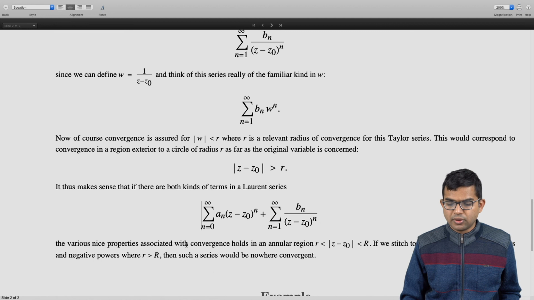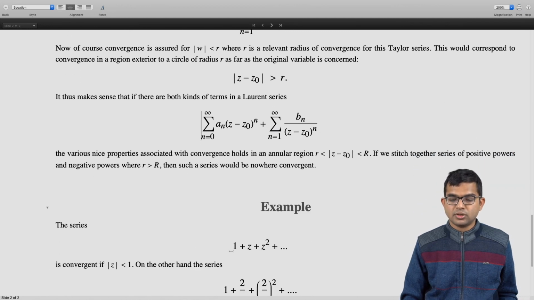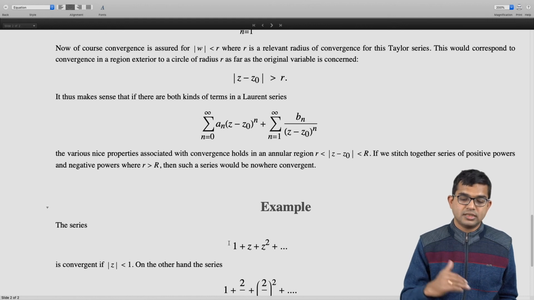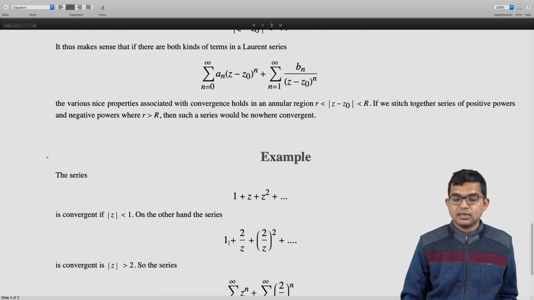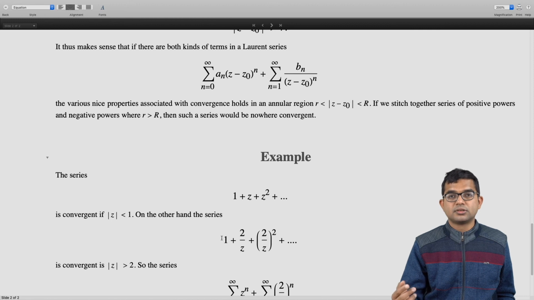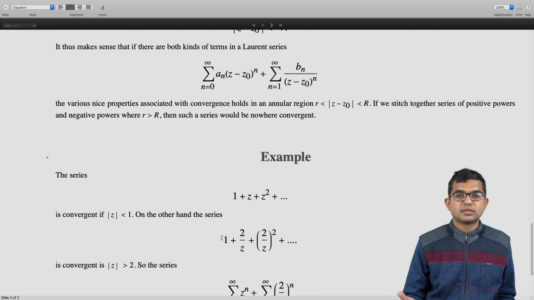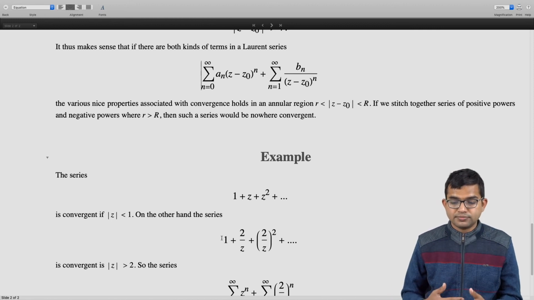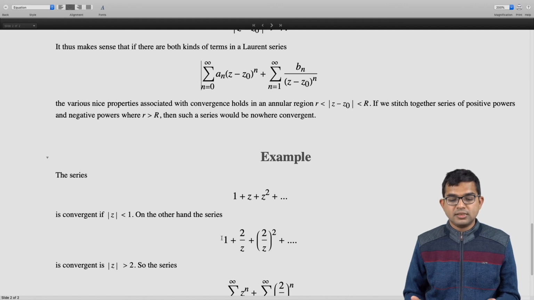So let's quickly look at one example of this kind. We know that the series 1 plus z plus z squared and so on is convergent whenever mod z is less than 1. On the other hand, the series 1 plus 2 over z plus 2 over z the whole squared and so on is convergent whenever mod of 2 by z is less than 1. In other words, mod z is greater than 2, right?